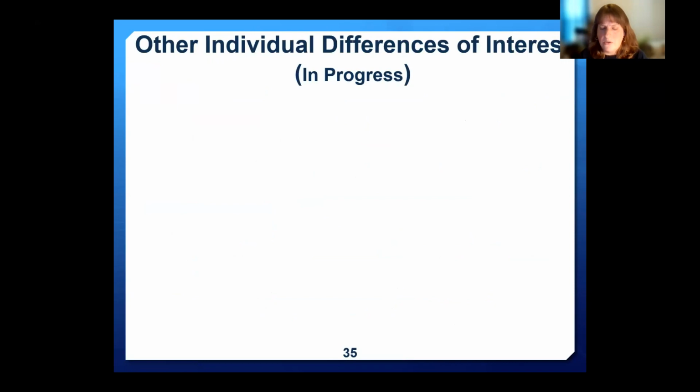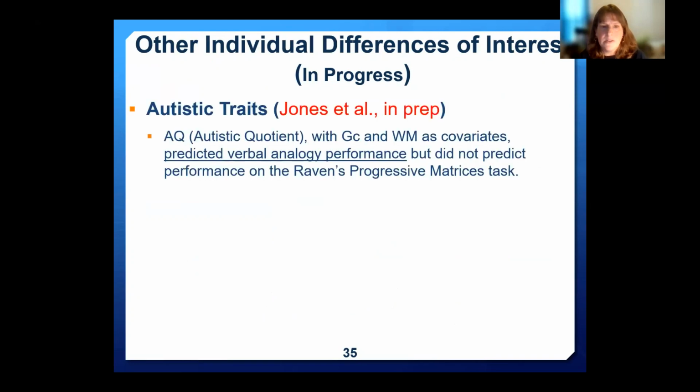Okay, moving on to an ongoing, in progress study, writing the paper now. Another individual difference of interest is autistic traits. In this study, spoiler alert, we looked at the autistic quotient by Baron Cohen and others with crystallized intelligence and working memory as covariates.